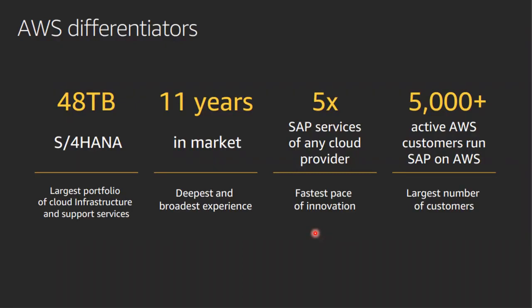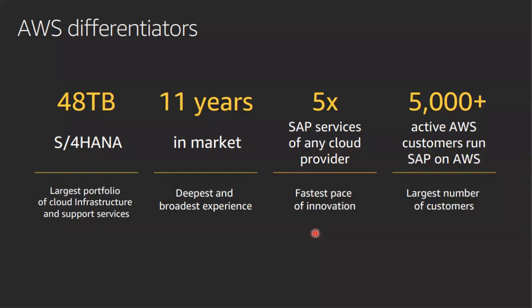It has 5 times more SAP services than any other cloud provider. The innovation is happening at a very fast rate. Other cloud providers like GCP, Azure don't have this many SAP services. To name one, the SAP backint agent, which came recently, is for SAP backup.